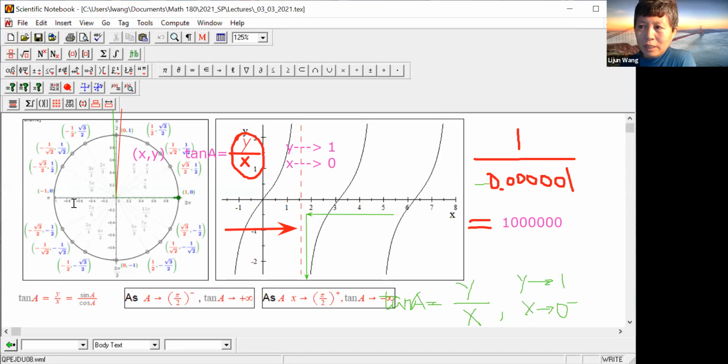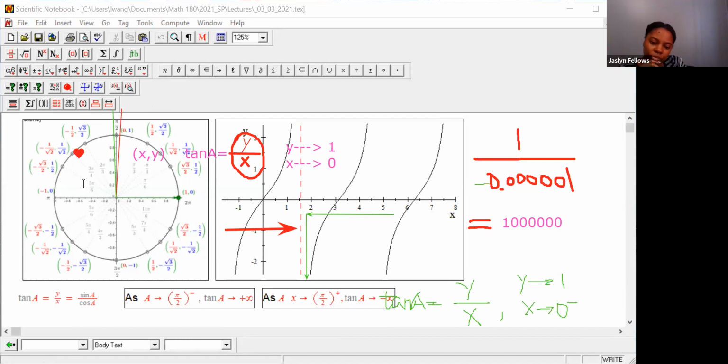Definition. If you have an arbitrary point in the second quadrant, the y is positive, x is negative, right? So y divided by x is a positive divided by a negative. Of course, the tangent ratio is going to be negative. Does that make sense?